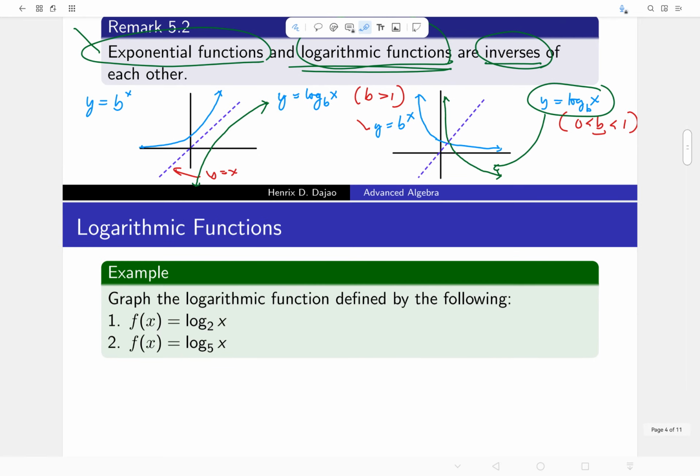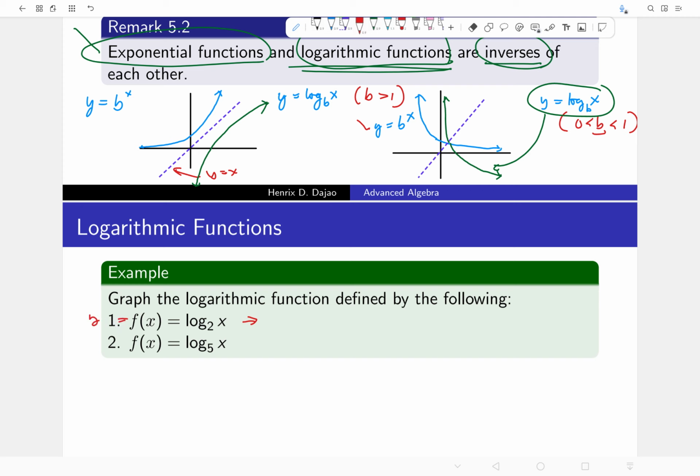So example, we have one, graph the logarithmic function defined by the following. Take note that for number one, the equivalent or the inverse of this function f defined by f of x equals logarithm of x with base 2 is, remember this one is just y, alright.